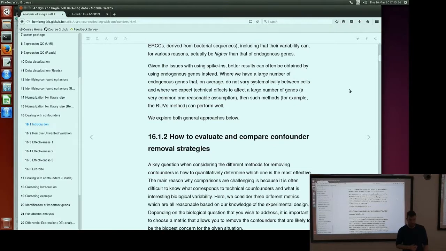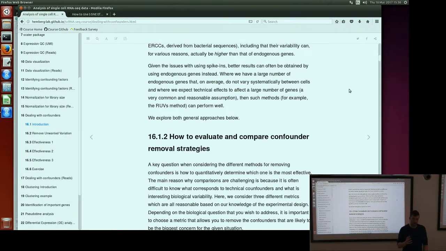And there are other methods that don't rely on control genes, but instead assess the overall expression matrix of endogenous genes and have various ways, based on this idea of hidden factors or latent variables in a broad sense, for identifying batch effects or other confounding factors that we might be able to identify with a model and then remove.